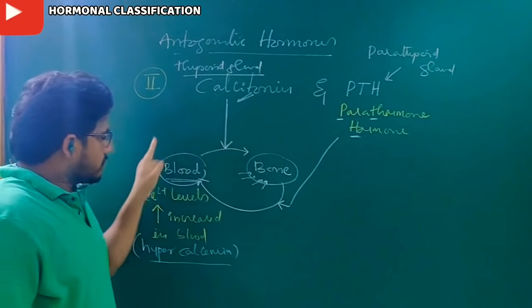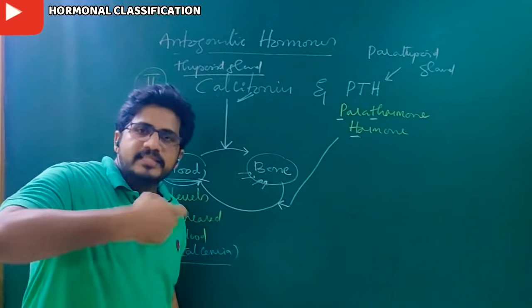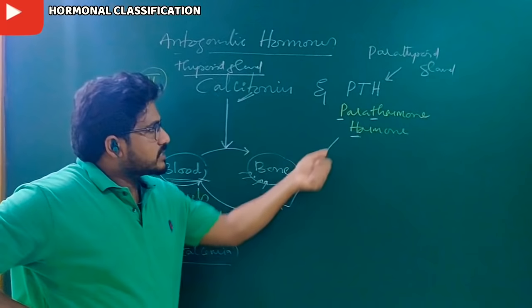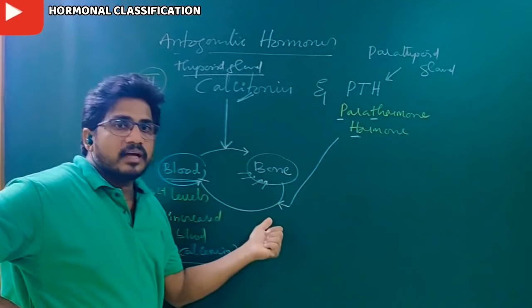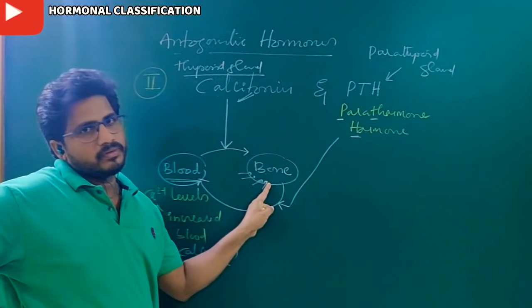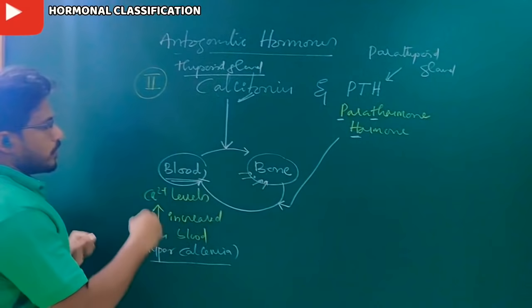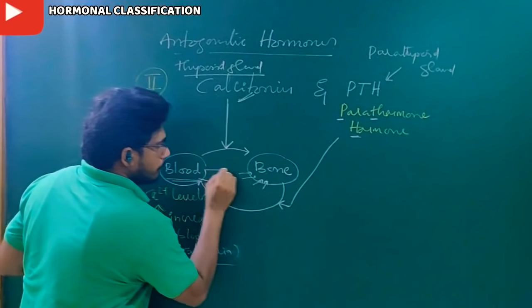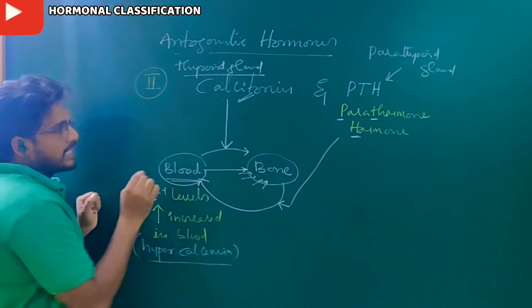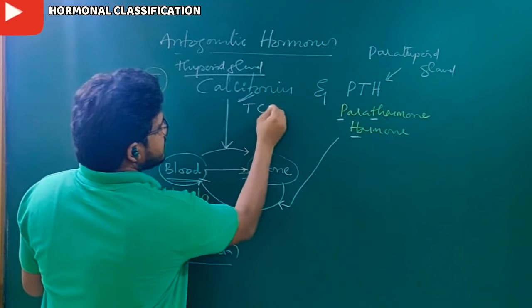Calcitonin helps to place the calcium from blood to bone, whereas parathyroid hormone places calcium in the blood by picking it from the bone. Understand? So, who places the calcium from blood to bone? Calcitonin. Calcitonin is also called TCT.